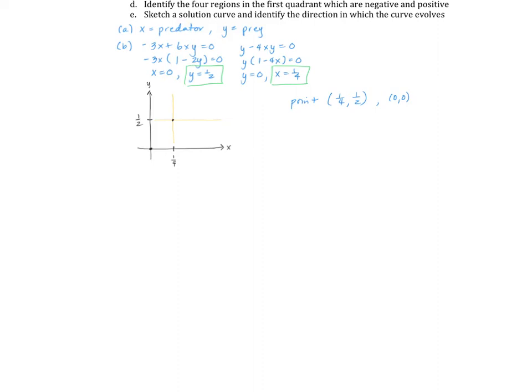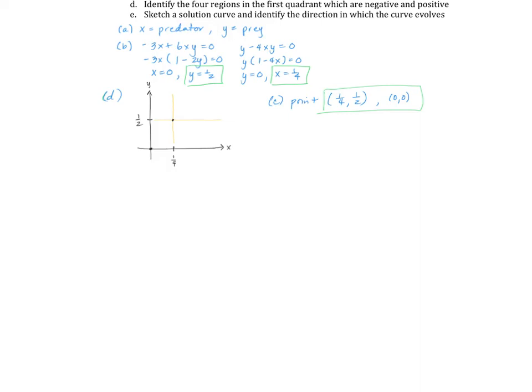This is going to be C. These are my equilibrium points, and that came from part B. Now I'm going to look at D. In D it says identify the 4 regions in the first quadrant which are negative and positive. So here are my 4 regions in the first quadrant.